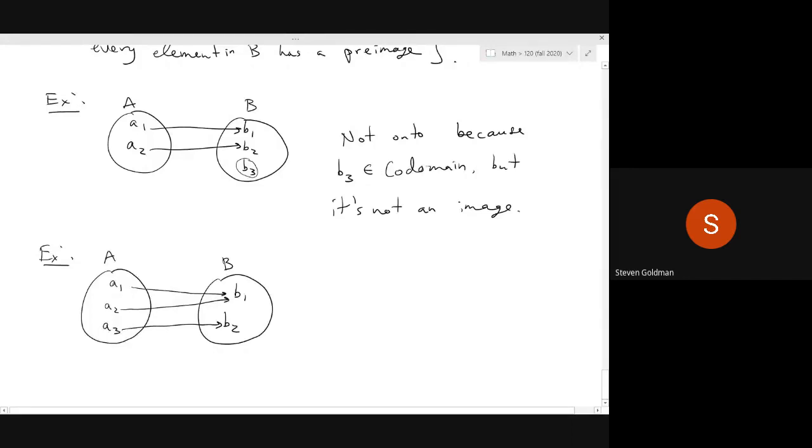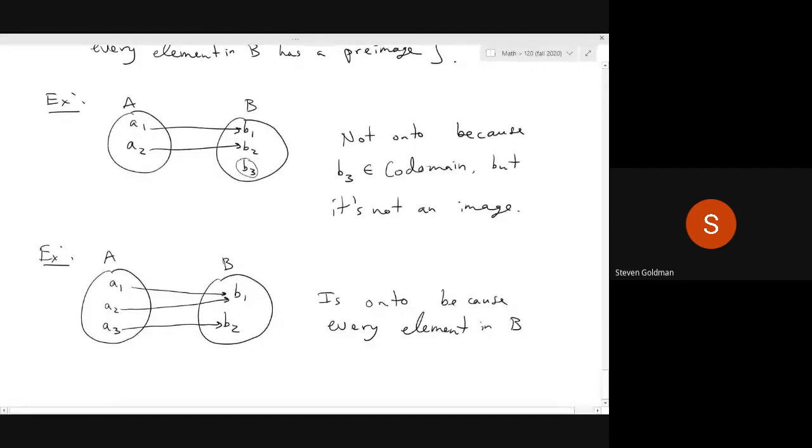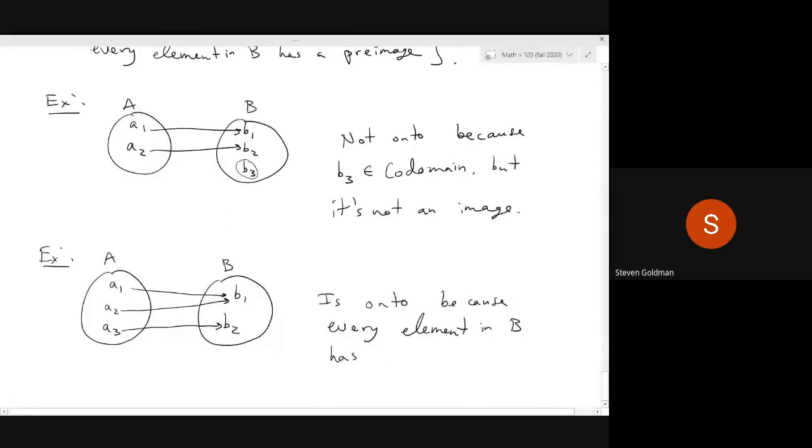A1 and A2 are both assigned B1. A3 is assigned B2. So everything in the codomain in set B is an image. It has a pre-image, okay? So this is onto because every element in B, the codomain, has a pre-image.